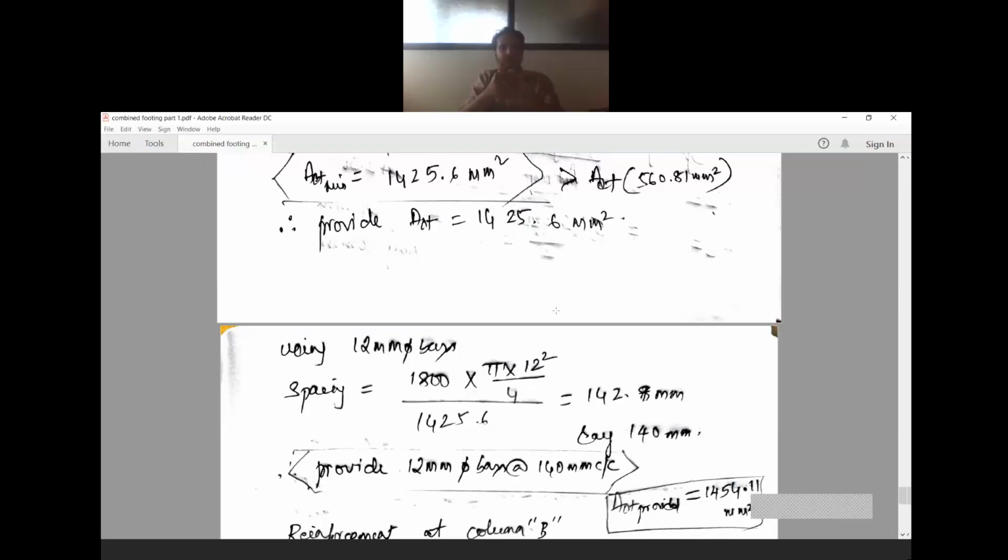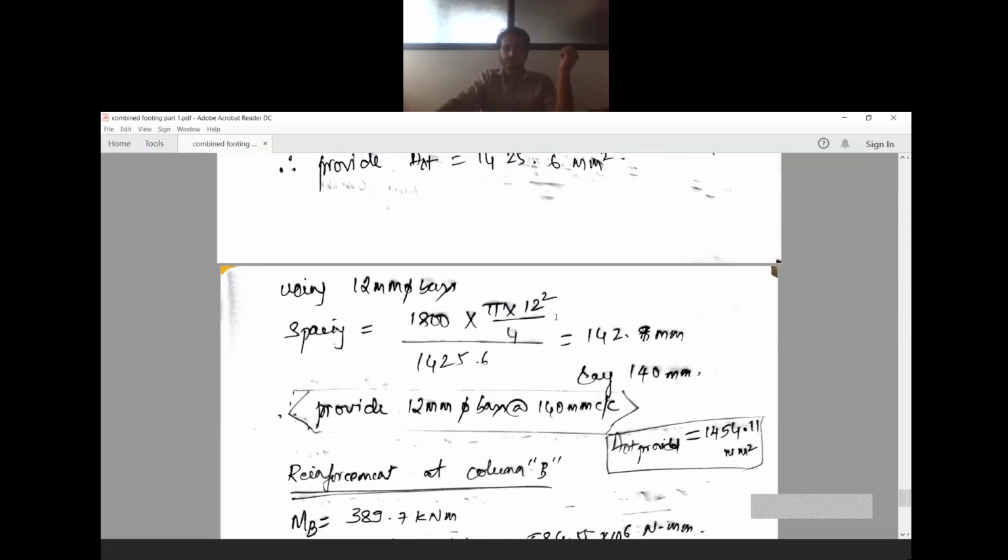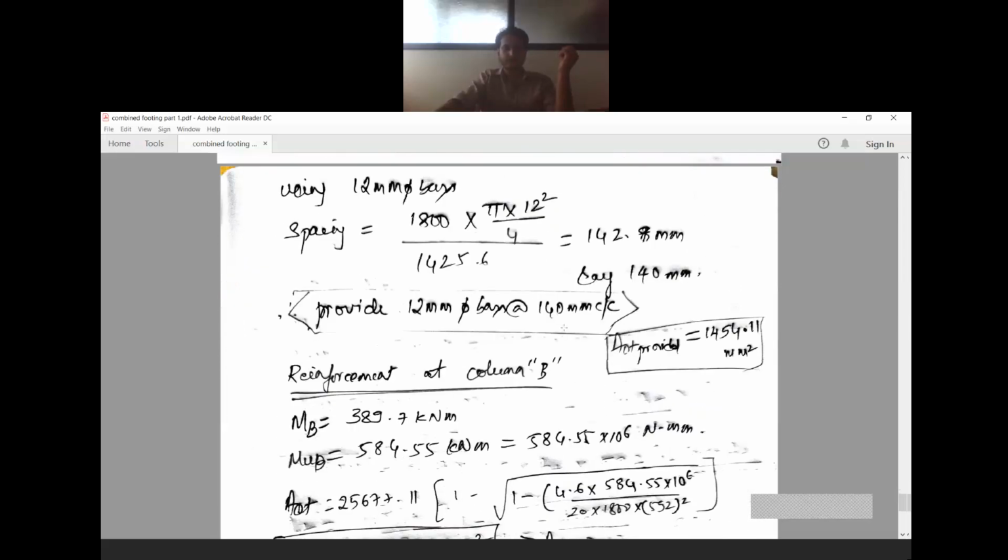I will now apply the thumb rule. Since the value is between 1000 and 2000, I shall choose the diameter of the bar between 10 and 20. This value is very close to 12 mm, so I should consider a 12 mm diameter bar.